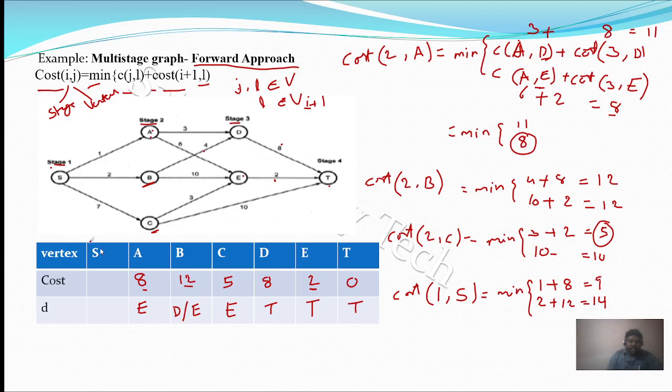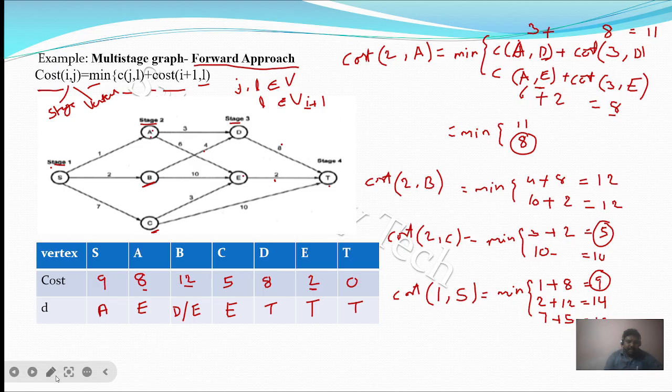Next S to C the cost of the edge is 7, plus C cost is 5, that is equal to 12. Which is the minimum? 9 is the minimum. So you can write here 9, via which vertex? That is S to A.